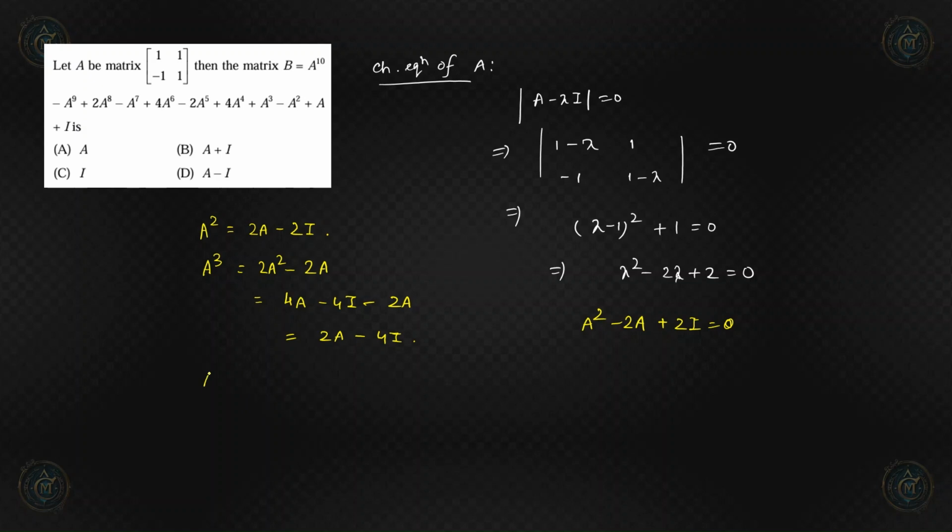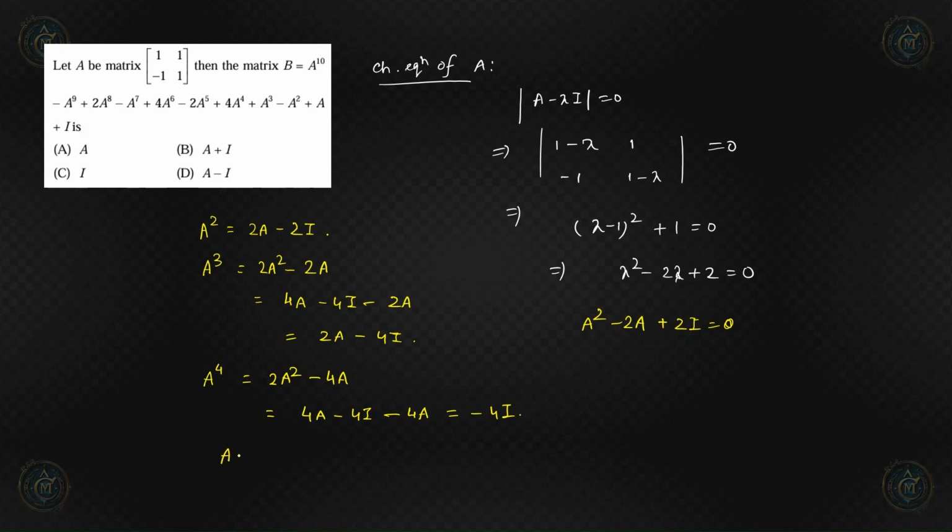So A to the power 4 will be what? A cube times A, so 2A square minus 4A. That means A square we can again substitute from this equation, so 2 times 2A, so 4A minus 4I minus 4A, so it is equal to minus 4I.